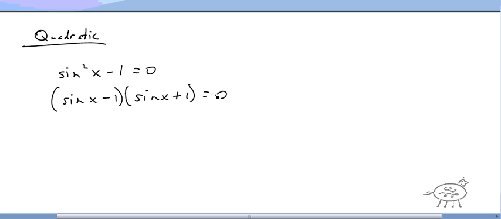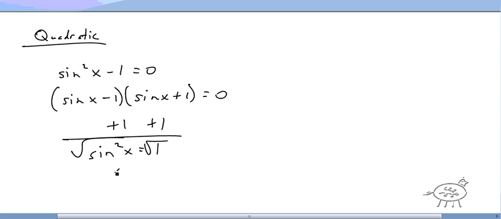It's just a difference of two squares, and then it's like the problem we had before. Or you could just add 1 to both sides, and you get sine squared of x equals 1. Take the square root of both sides, sine of x equals plus or minus 1. And then you get the exact same thing.